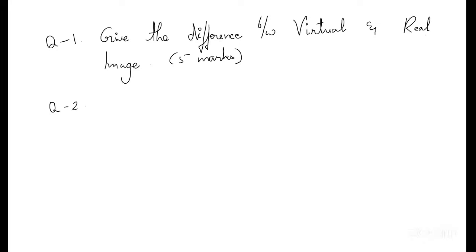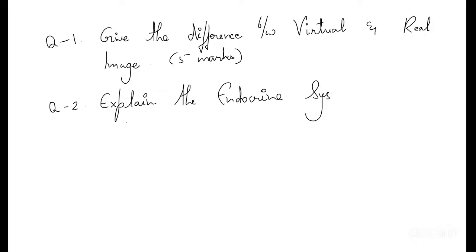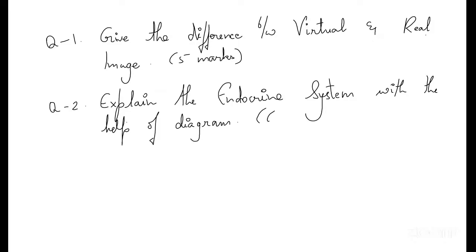Second question: explain the endocrine system with the help of a diagram. This is 6 marks.